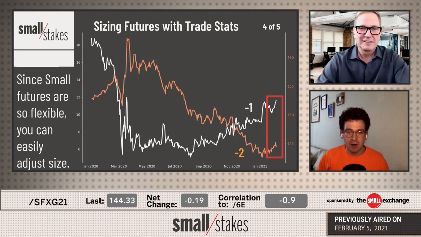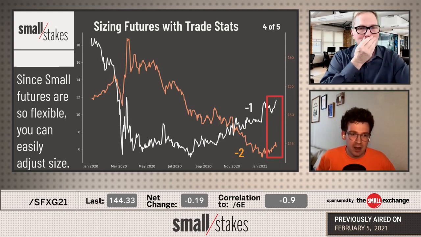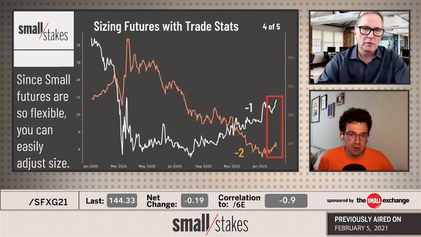They all allow a great amount of flexibility, whereby one contract in each of those asset classes is pretty similar. And so it's easy to kind of say, hey, I think that I have a 60 or 70% chance of this market moving in my direction. I'm going to commit 2 or 3 units there, as opposed to, this one looks like a decent opportunity, but I'm not super confident in it. I'm just going to put a little taste on there, 1 unit. And it's as simple as that with these small exchange futures.